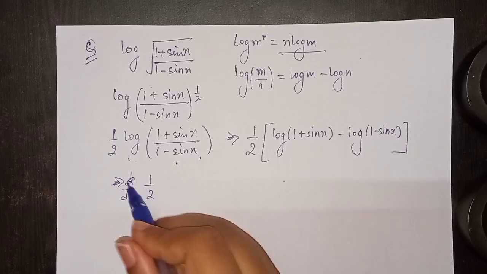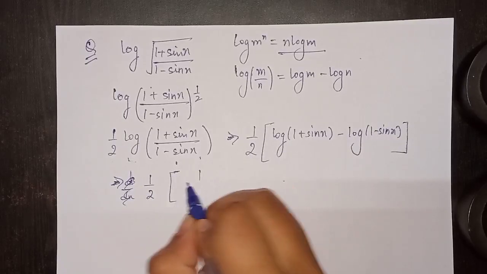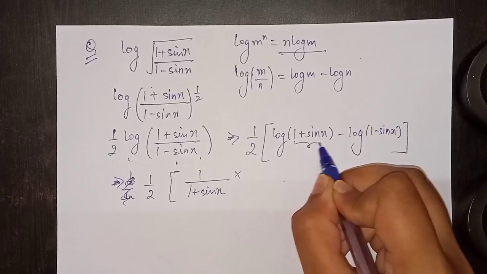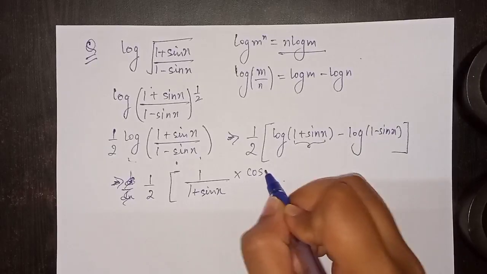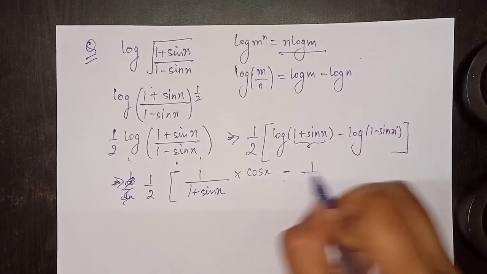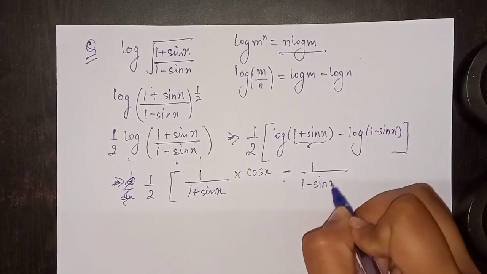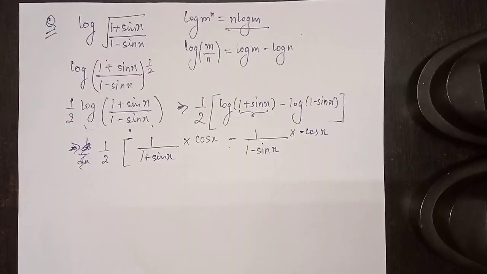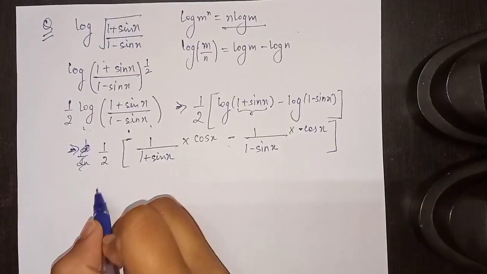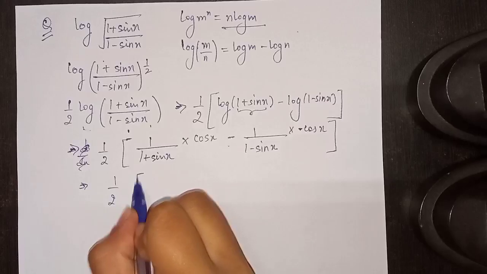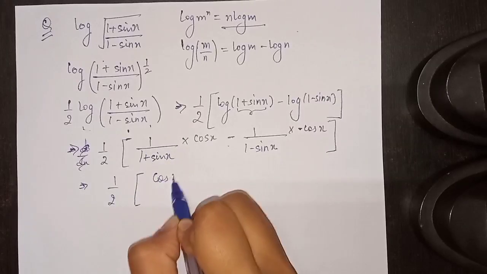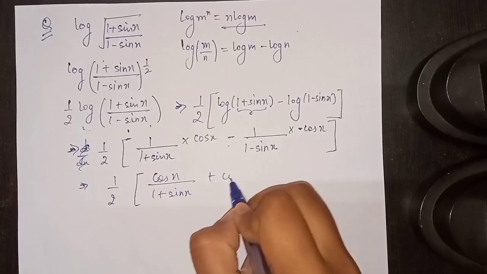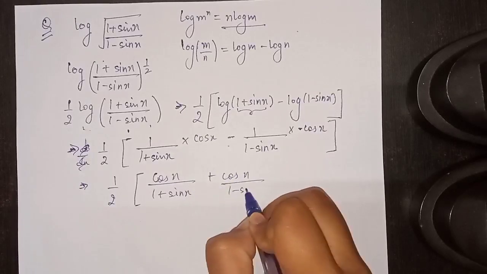So this will be half, 1 by 1 plus sin x into d by dx of 1 plus sin x, that will be equal to cos x, minus 1 by 1 minus sin x into minus cos x. Half cos x divided by 1 plus sin x plus cos x divided by 1 minus sin x.